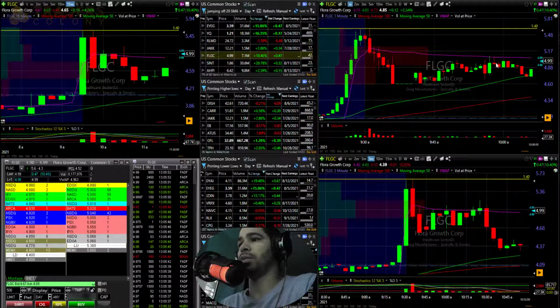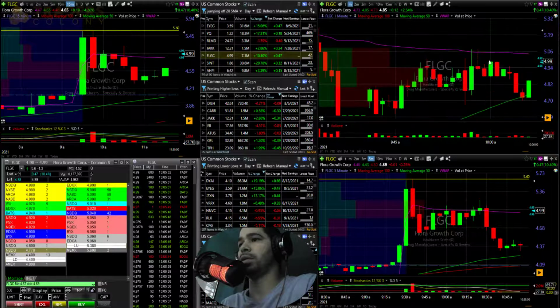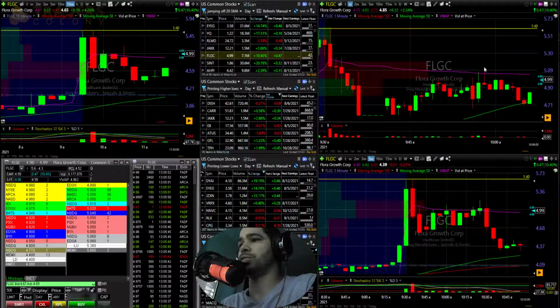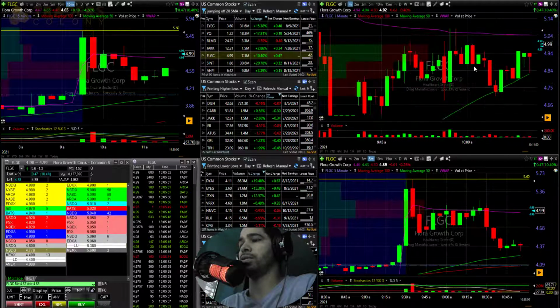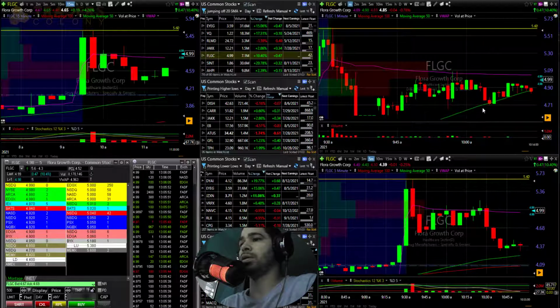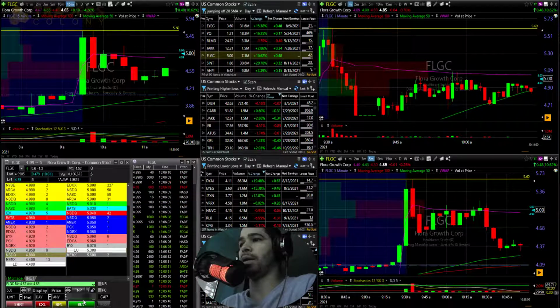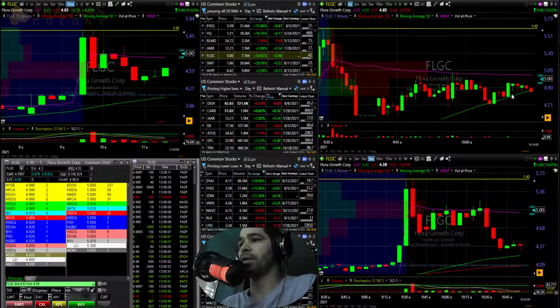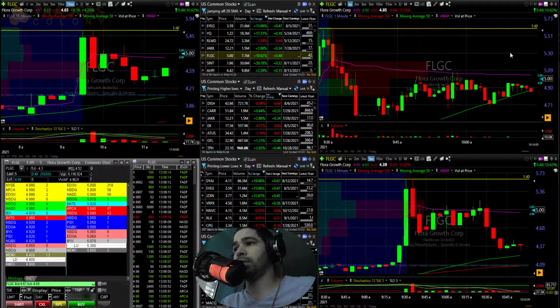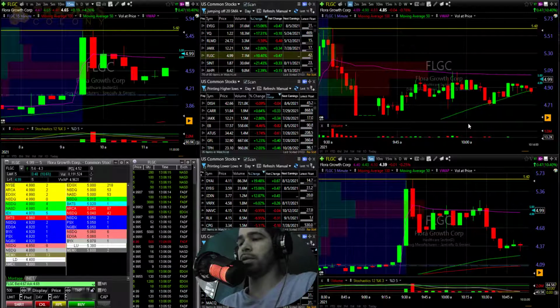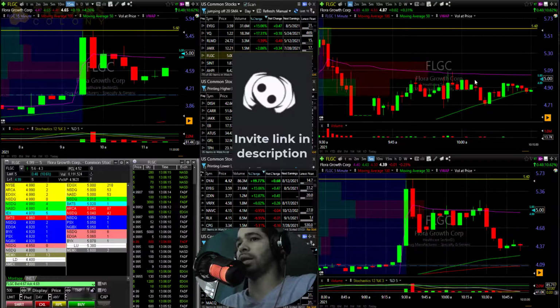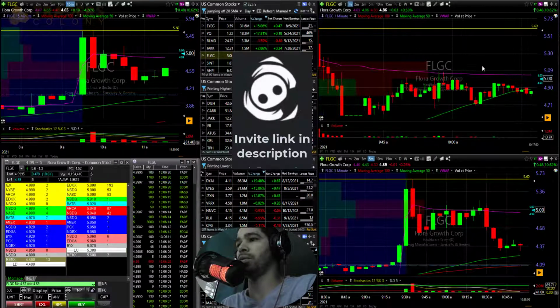We have an accumulation area here, and it rejected this area several times. Here it was holding that 50 simple moving average right here, very close to the VWAP, and it looked like we were going to hold and have a crossover in the 1 minute.